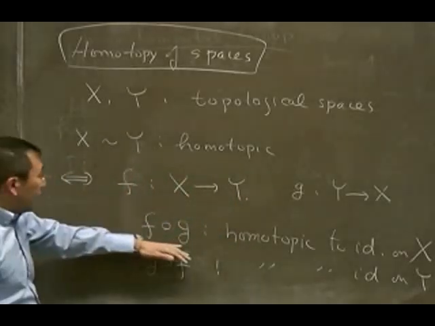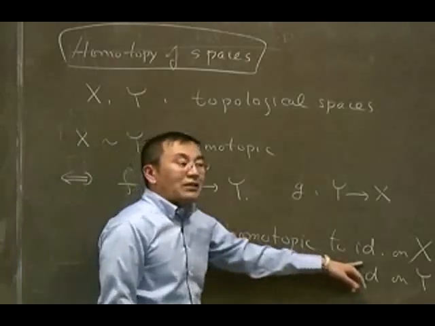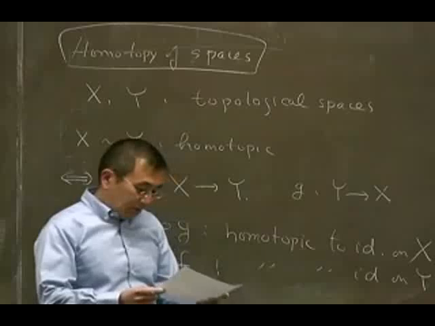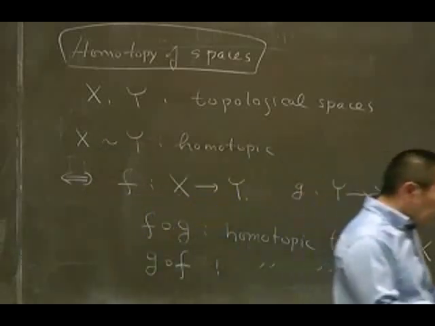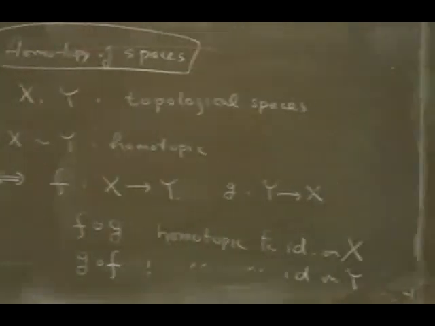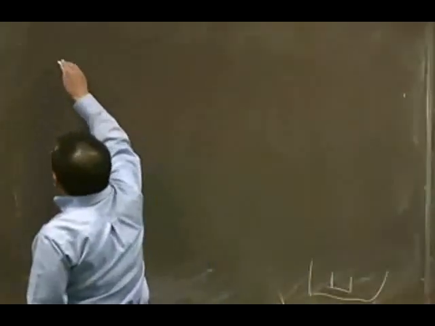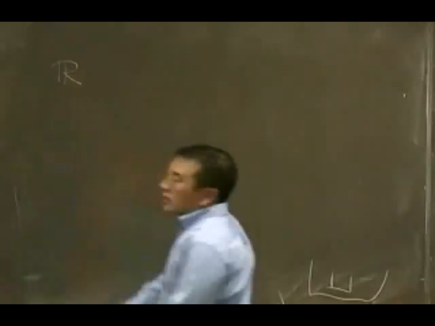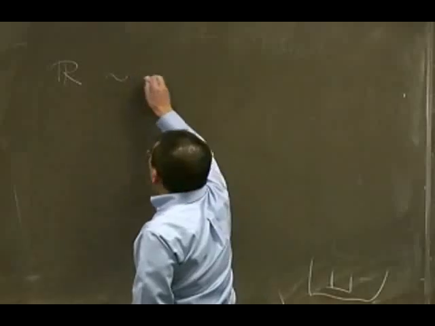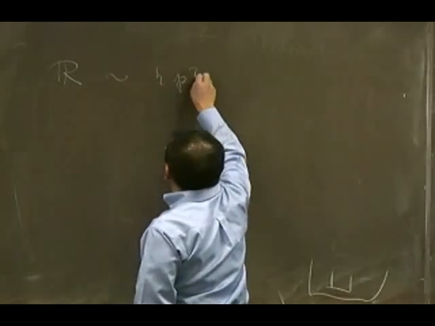But this is weaker because we are only requiring them to be homotopic to the identity. For example, if you use this definition, you can show that the space of real numbers R is homotopy equivalent to just one point.